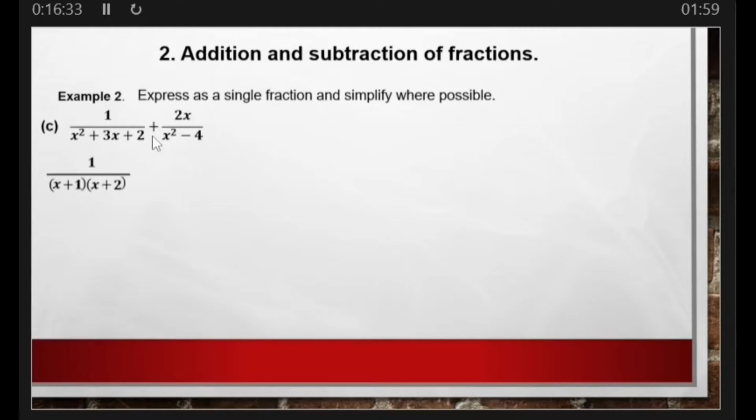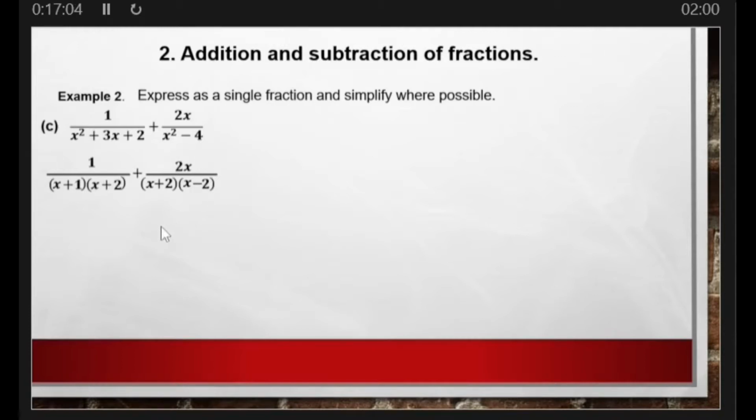Then we'll put this plus 2x over this one, which is a difference of two squares, which will be x plus 2 in brackets, times x minus 4 in brackets. You can watch the video whose link is appearing here to understand more on how to simplify or expand a difference of two squares and also know what they are.